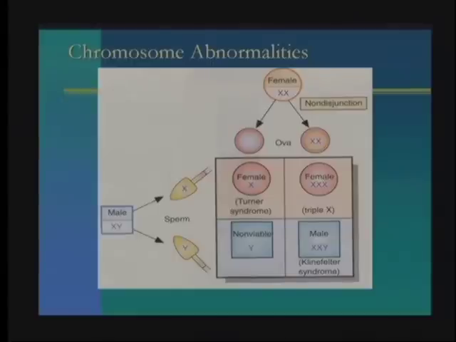Okay. So let's start down here in the lower right side with the person who is XXY. Now, you remember when we talked about the fact that if you have the X chromosome in the fetus is going to become male, that we became female by default.